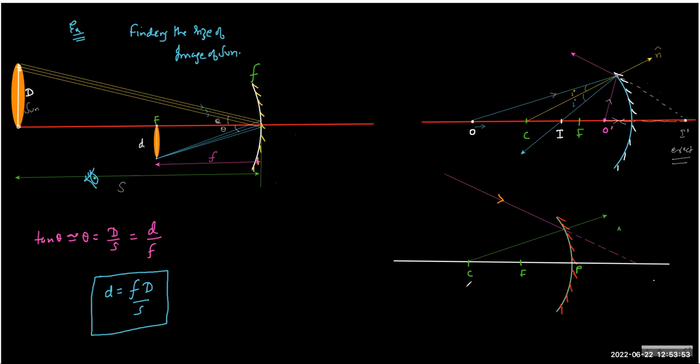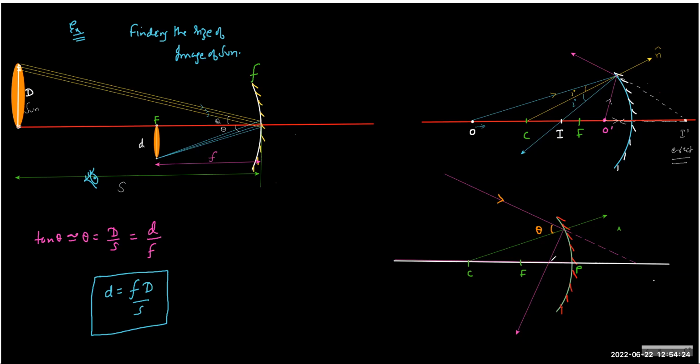After reflection, the light ray will come like this. So if I choose one more symmetrically, or if I choose one light ray along the principal axis itself, these two will intersect at which point?